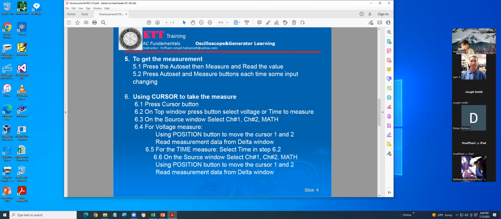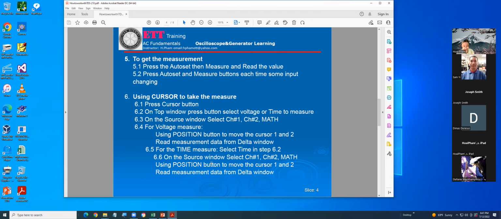I can tell you, every time you change the signal, or you want to measure a different point in your circuitry, you need to press auto set, then measure, so the scope can be updated to the new data. Okay, and a lot of things will happen. We don't have enough time.